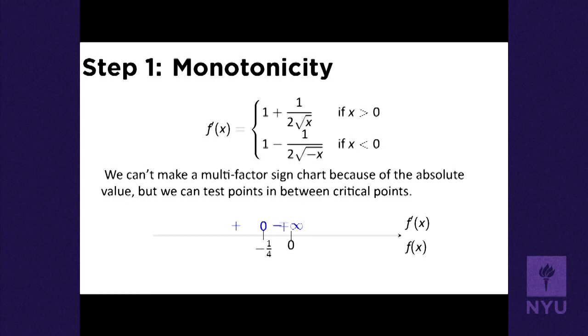Something in between 0 and infinity, I suggest 1. When x is 1, f prime would be 1 plus 1/2, which is 3/2, which is positive. And so the derivative is always positive when x is positive. Actually, we'd figured that out already, right? Okay, so we now have the sign chart for the derivative. That tells us the monotonicity. It's increasing here, decreasing here, and increasing there.